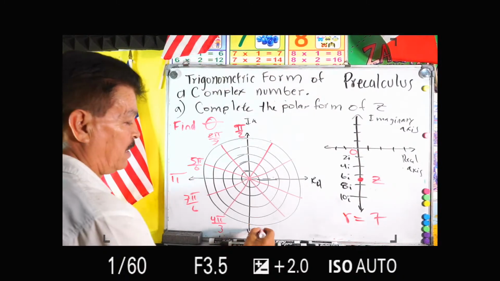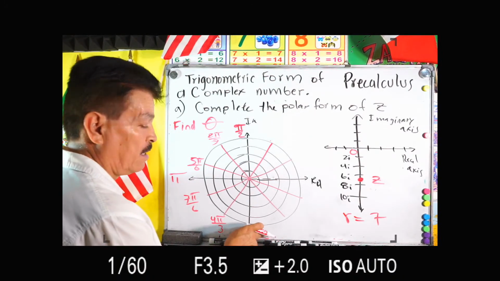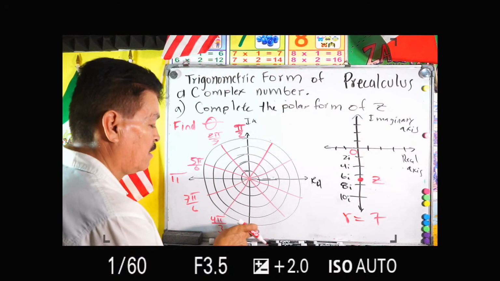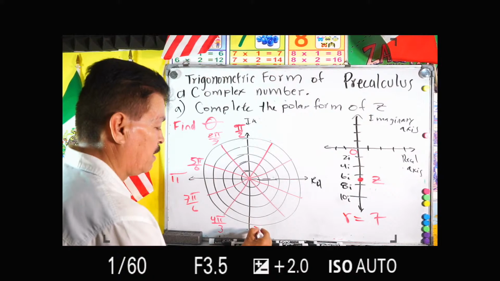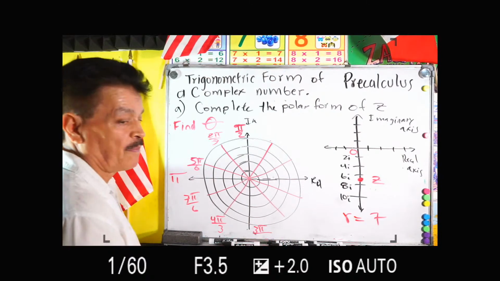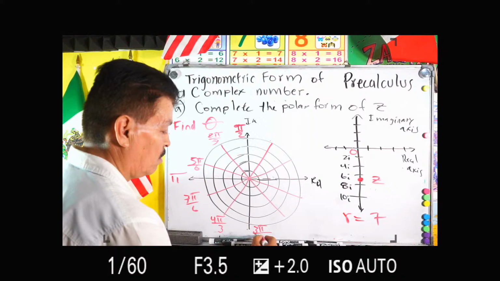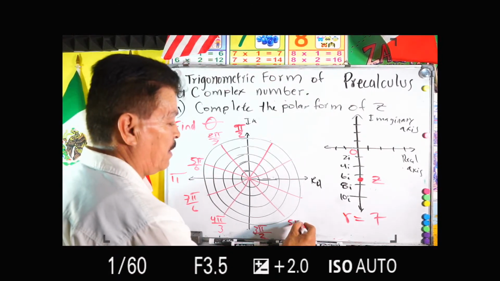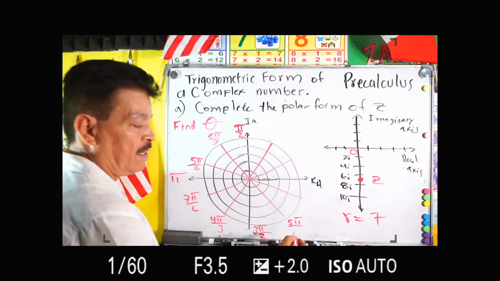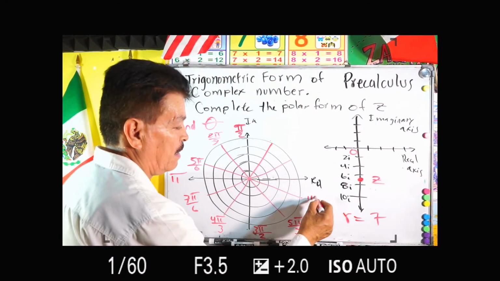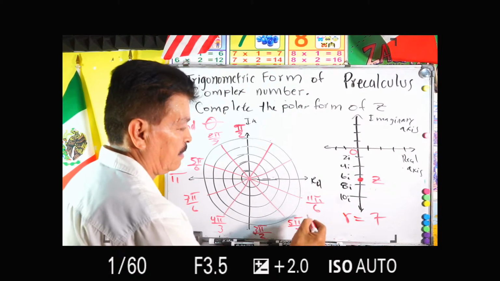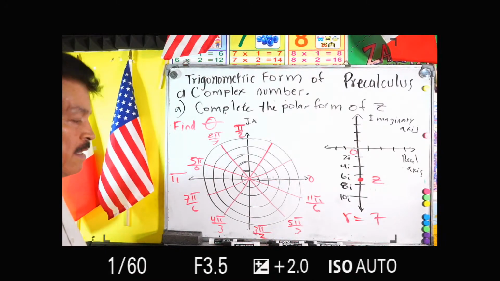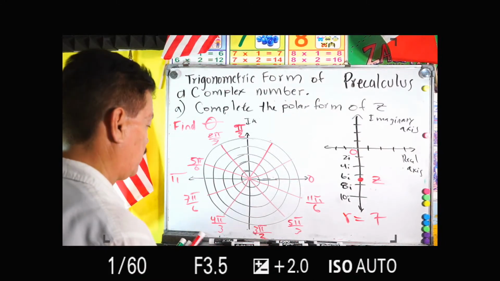Here is 3 pi divided by 2, which is very important. Here is 5 pi divided by 3, and 11 pi divided by 6. Here is 0.